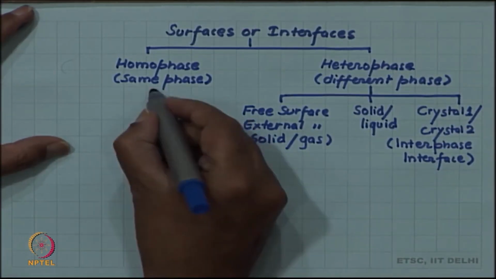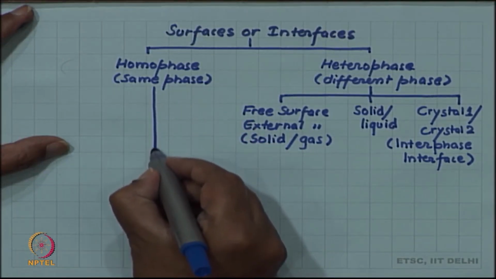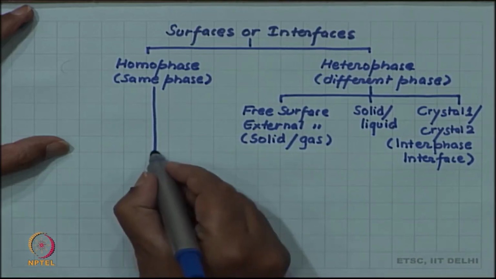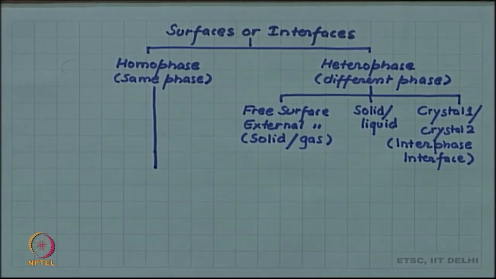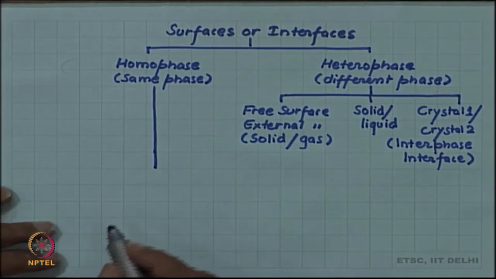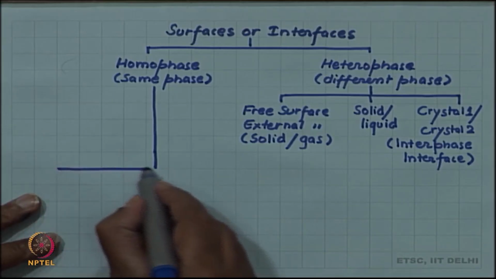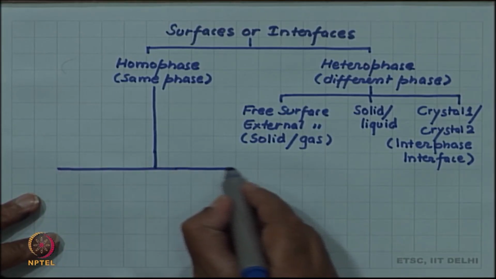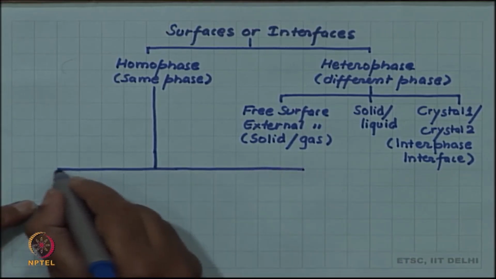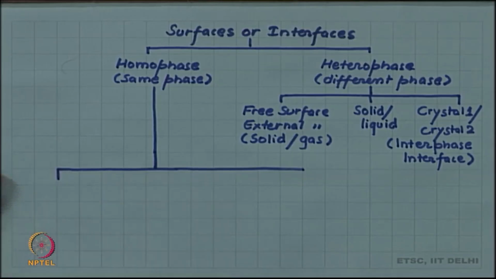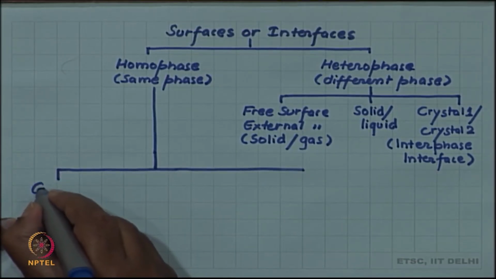But another important class of interfaces in the crystalline solid is the homophase interface, in which on both sides you have the same phase. Still there is some difference on the two sides, and that is why you create an interface there. In this kind of interface, one of the important classes is what is called a grain boundary.